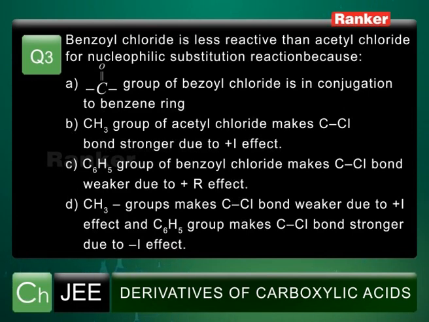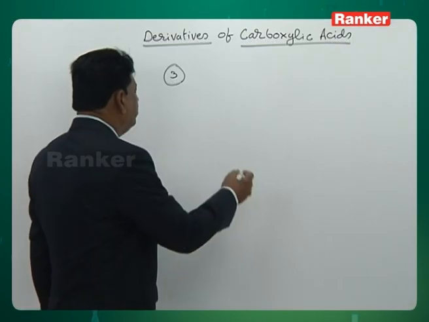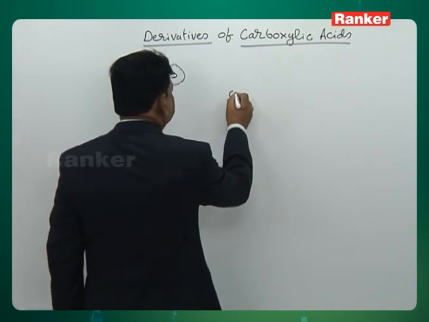B: the methyl group of acetyl chloride makes the CCl bond stronger due to the plus I effect. C: the C6H5 group of benzoyl chloride makes the CCl bond weaker due to the plus R effect. D: the CH3 group makes the CCl bond weaker due to the plus I effect, and the phenyl group makes the CCl bond stronger due to the minus I effect. 4 options are given. So, what is happening here?